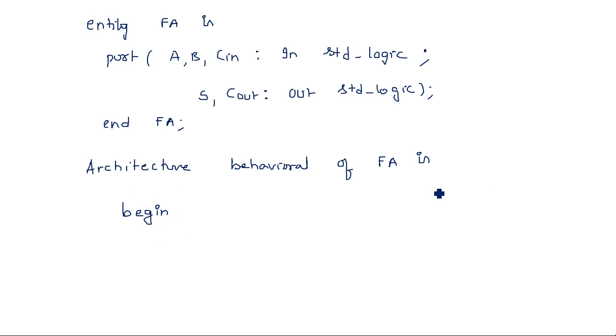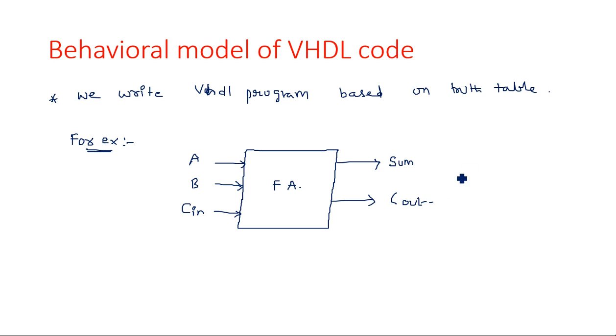Now see here, for the full adder there are three inputs A, B, Cin, and two outputs sum and carry. The input combinations are 000, 001, 010, 011, 100, 101, 110, and 111.